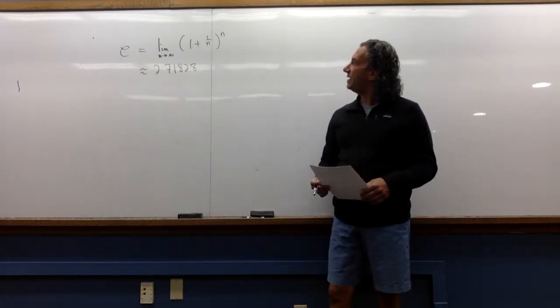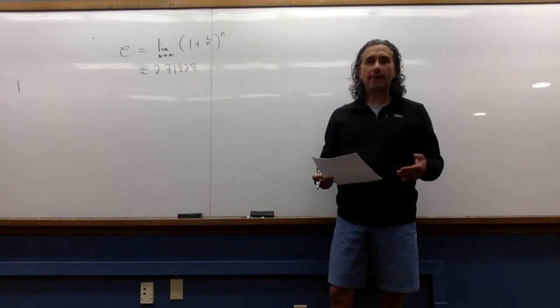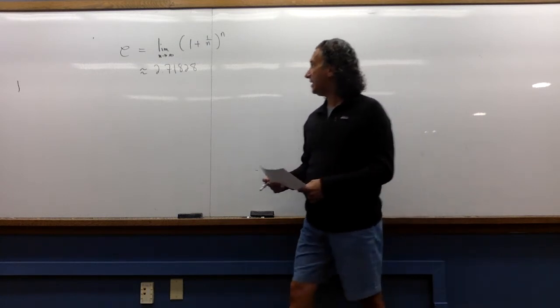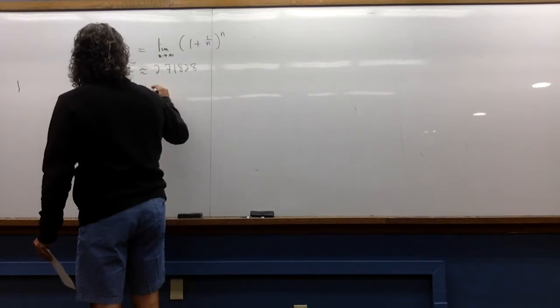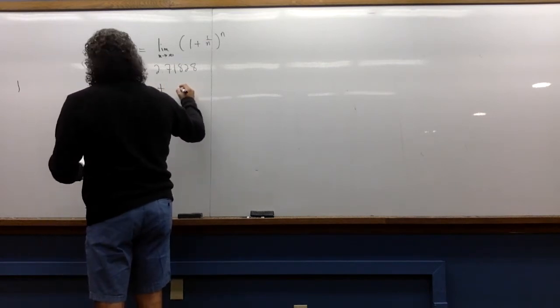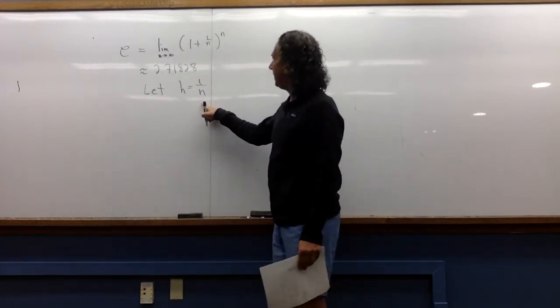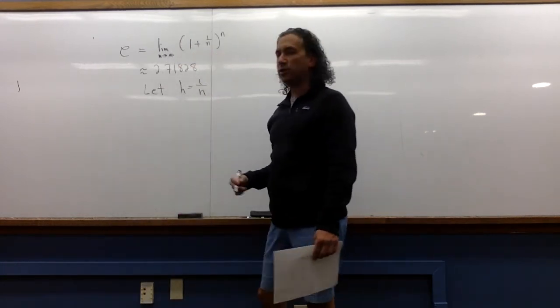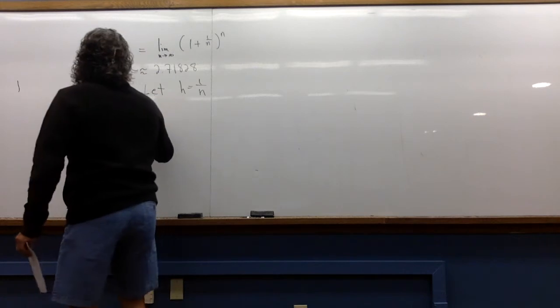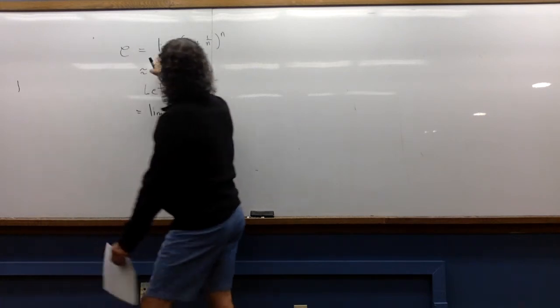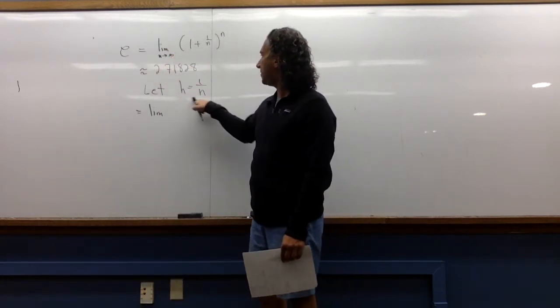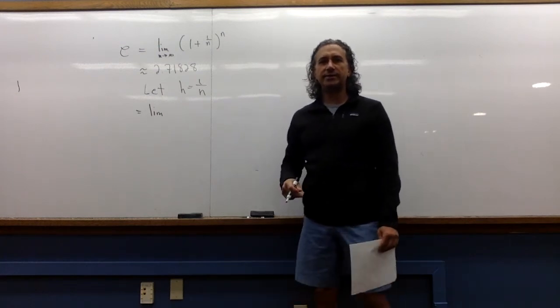That's how it's defined. There's actually another equivalent definition of e, and we're going to be using that today. What I'm going to do is let h be equal to 1 over n, and rewrite this expression in terms of h. So let's think about this. If n is going to infinity, what is h going to?